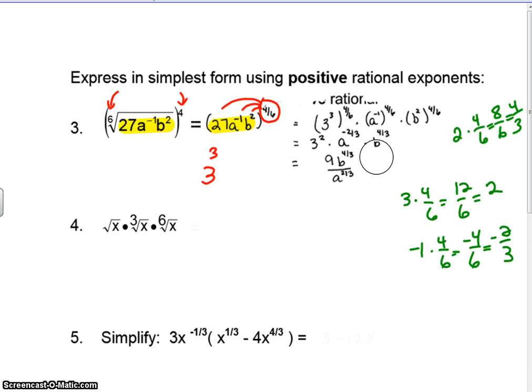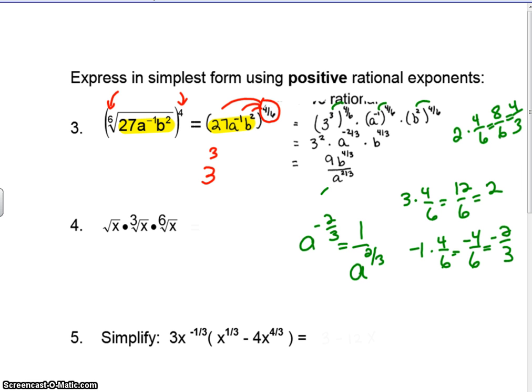So they applied the laws of exponents. In this case, you were to multiply exponents. 3 squared is 9. A to the negative 2/3 power. Since the exponent's negative, that's going to be written like this, 1 over a to the 2/3 power.